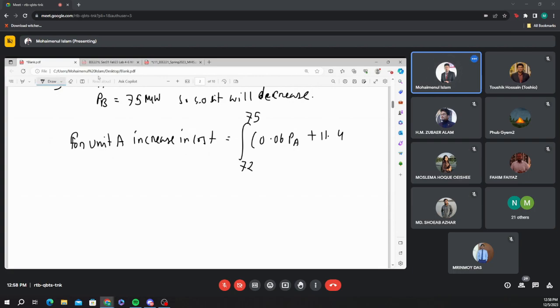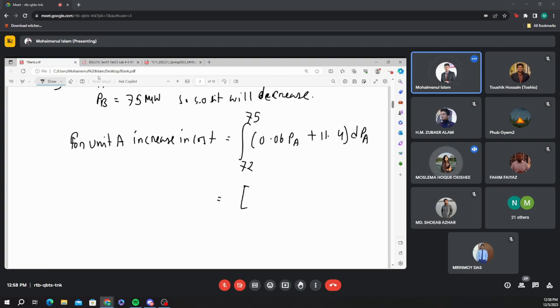You need to integrate the equation with respect to dPA, and then you will get the value. From 72 to 75, with respect to P, you need to integrate the equation. That means whatever the value is in that scenario.